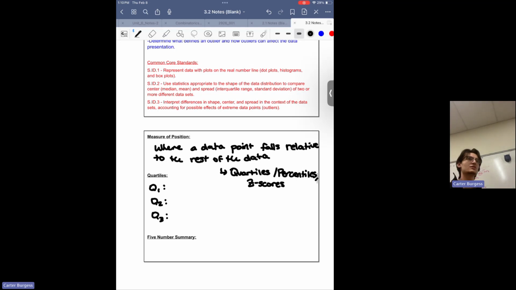I'd probably invert the order here because actually the way that I am going to define these quartiles is in the language of percentiles, but we'll get to that momentarily. We're going to focus first on Q2 because we've already talked about Q2 in this class, just not with this particular name. Q2 is just a shorthand way to talk about the median.